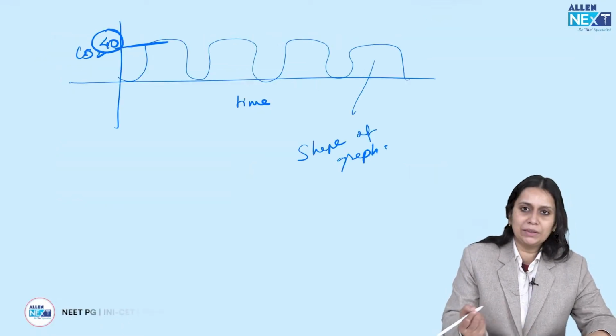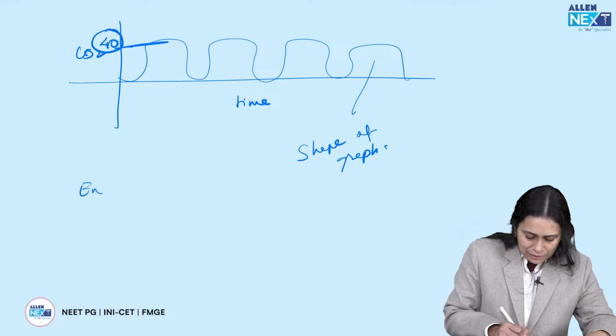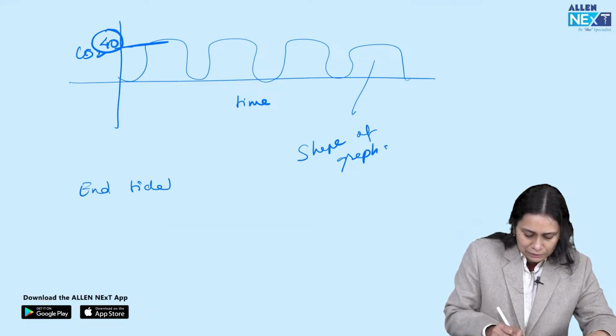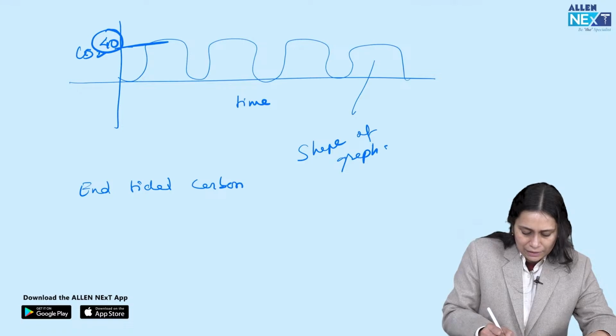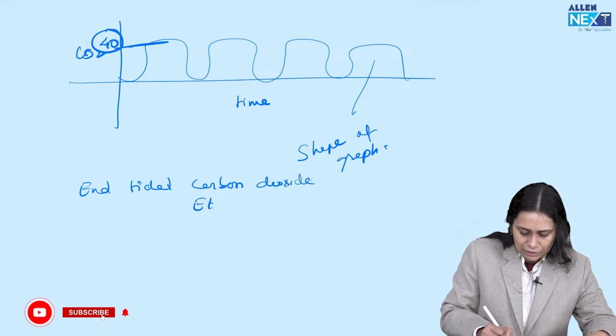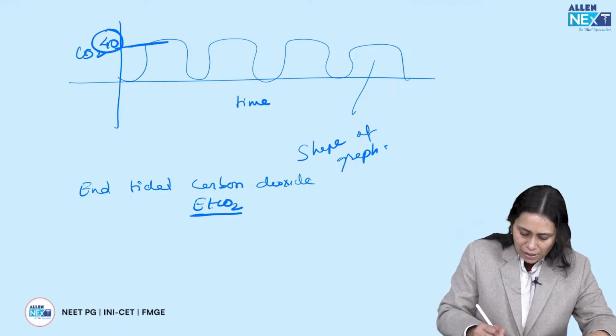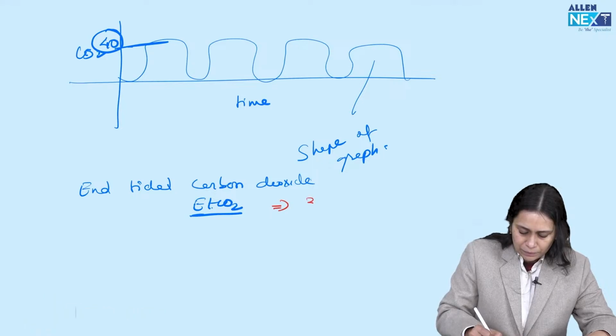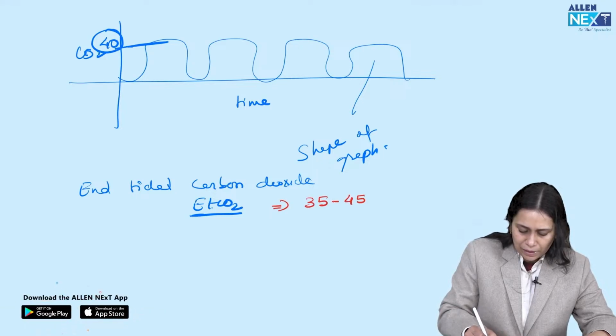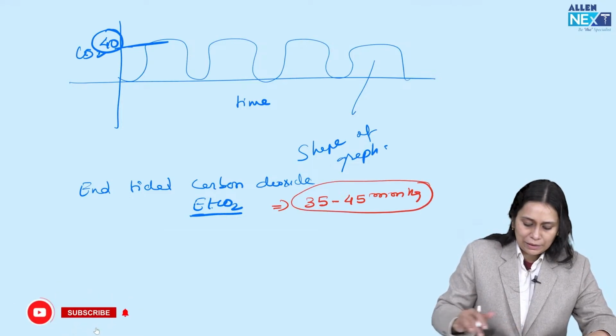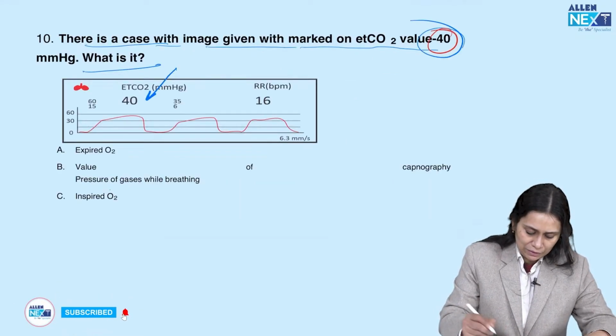What does this represent? This is end tidal carbon dioxide, EtCO2. The normal value of EtCO2 is between 35 to 45 mm of Hg. So if this is coming 40, this is normal.